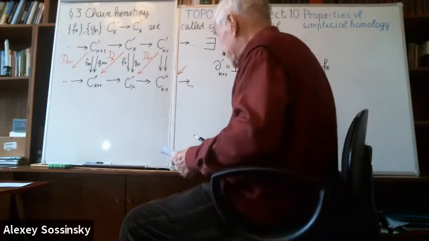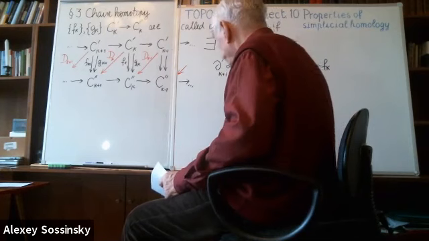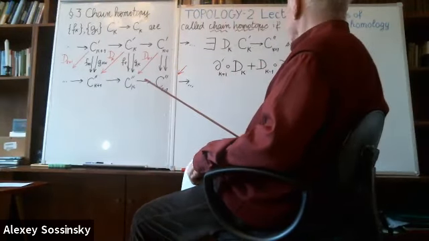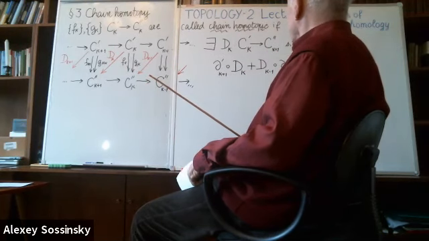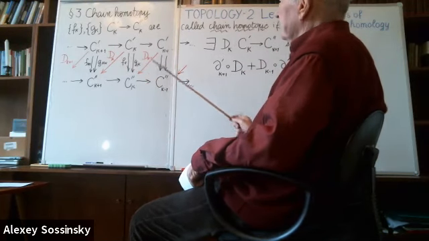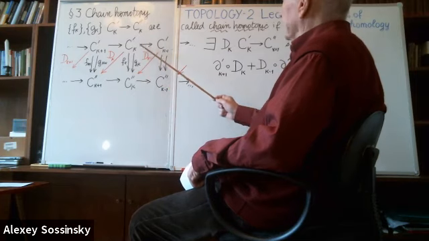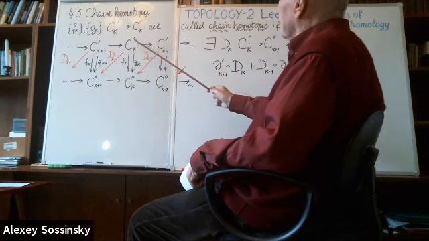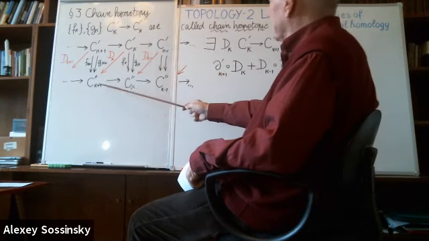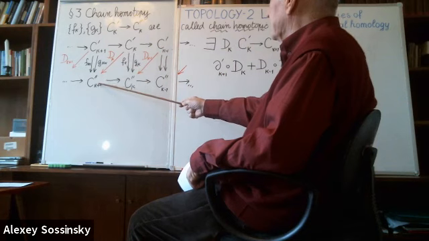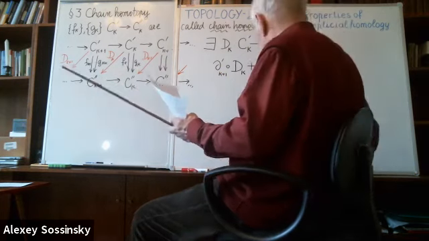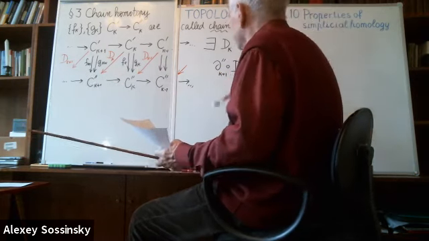Let's look at this equation on the diagram. So we start here. We have an element here. Now we do D_k, we come here. Then after that, we do this boundary operator. So I was right the first time.